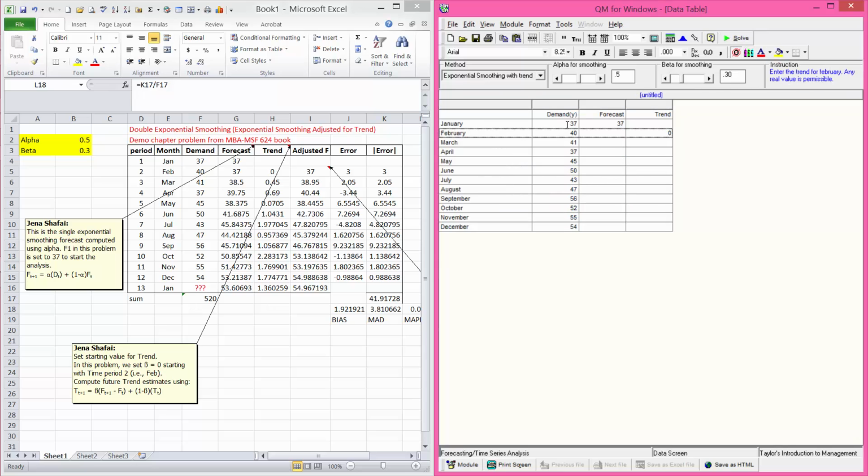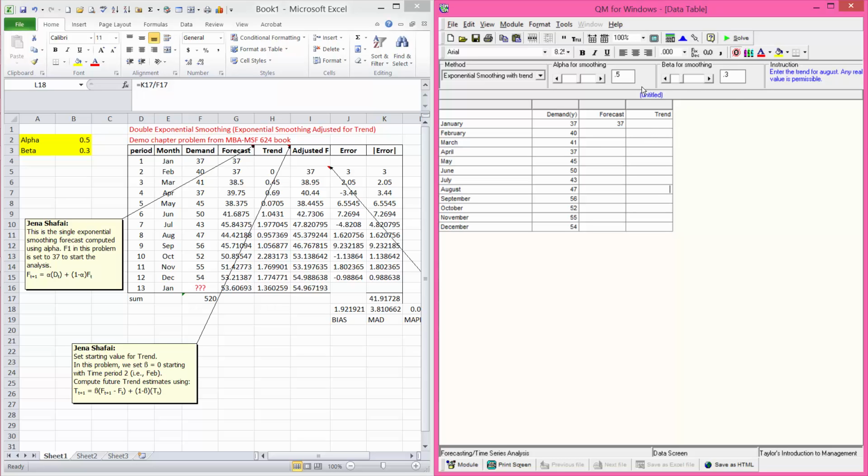Now I can show you how to do error analysis with POM. So this is the actual data. I've chosen exponential smoothing with trend. I have fixed the alpha value to be 0.5 and the beta value to be 0.3. Notice that I have started under forecast, I have included a 37, and for trend, I will include a 0.